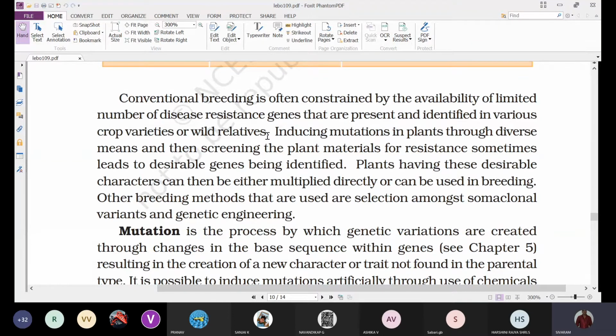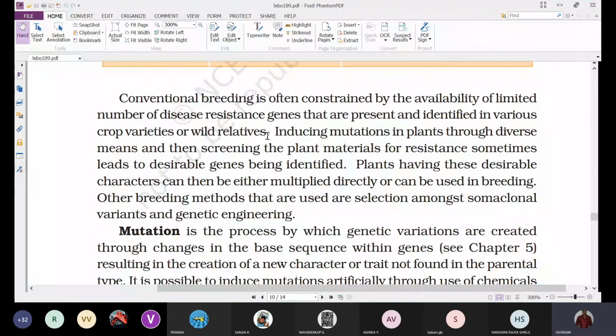By inducing mutations, by using certain chemicals or certain radiation, we can change the genetic makeup of that plant variety, and we can develop a disease resistance.